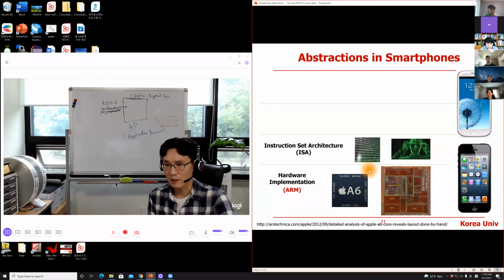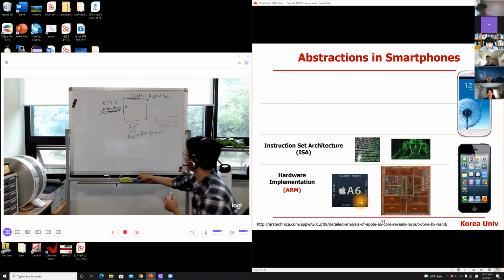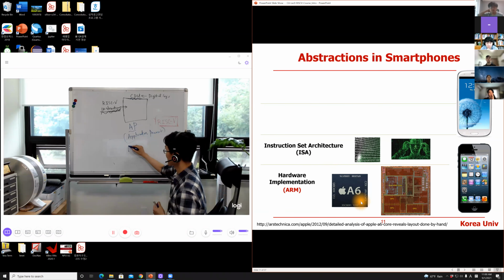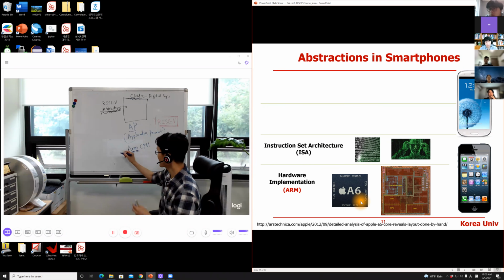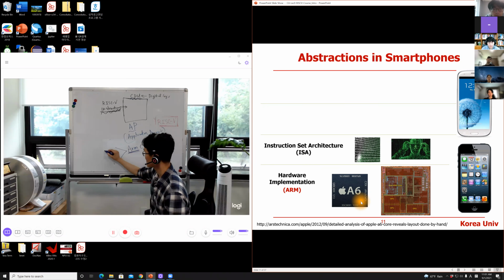More specifically, the Apple application processor has an ARM CPU inside, a different kind of CPU. ARM provides its own instructions, like addition instruction, subtraction instruction, and so on.